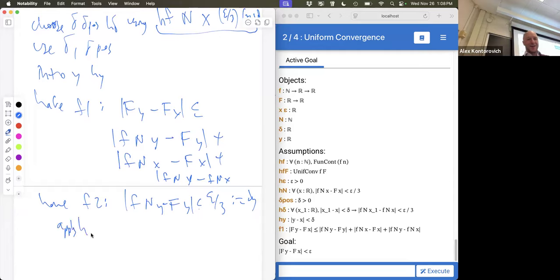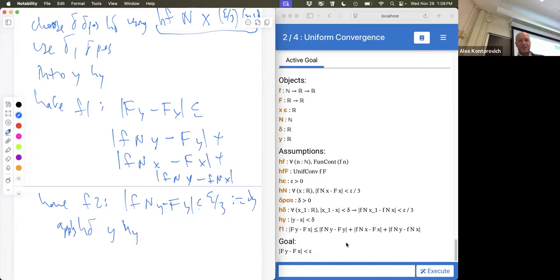Yeah, so apply H delta. H delta, I have to stick in a value of x1, which is y. Y is within delta, that's hy. And then, oh no, H delta gets me from Fn to Fn. H delta gets me the bottom. This last guy is by H delta.